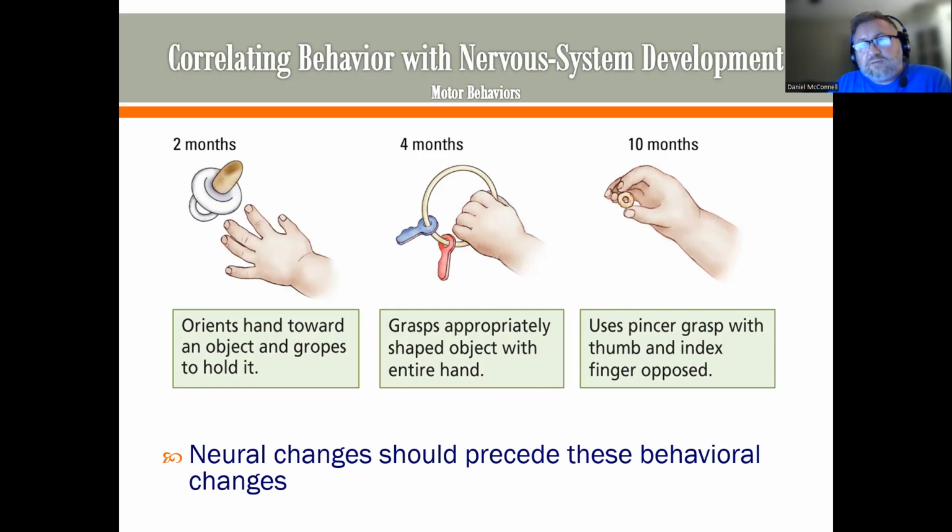Or then we wait until they're almost 10 months of age and we start studying. Now that we expect the pincer grasp is going to emerge any day now, let's see what's happening in these children's brains as they gear up towards that skill. And what we find in this case is oftentimes some combination of some of the things I was listing earlier: increased myelination of neurons in the motor cortex of the brain, sometimes also a pruning of some extraneous connections in the motor areas of the brain.